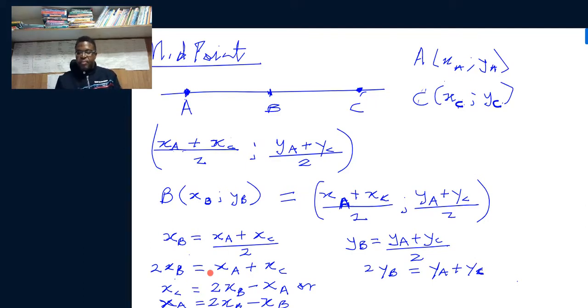Okay, this is clear. X and Y are always values, always numbers. So it really depends, guys, on what you are given. You may also write your B values, XB, YB.